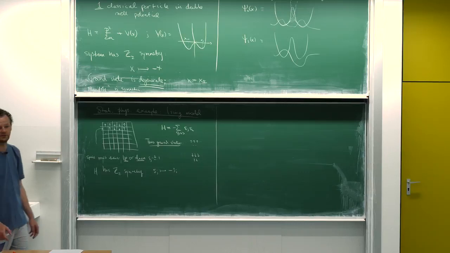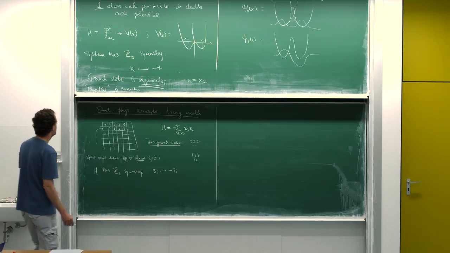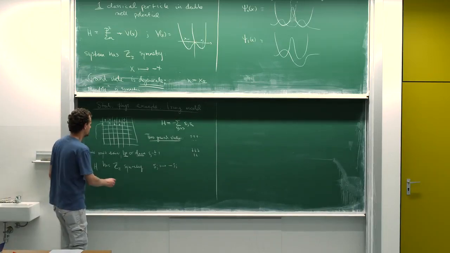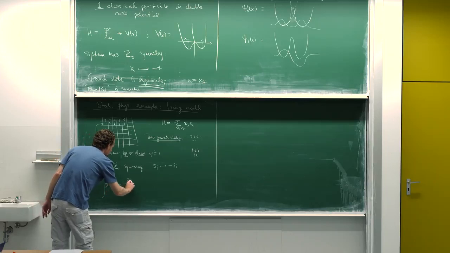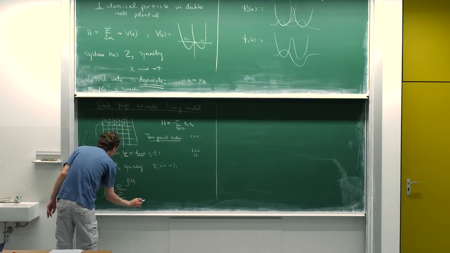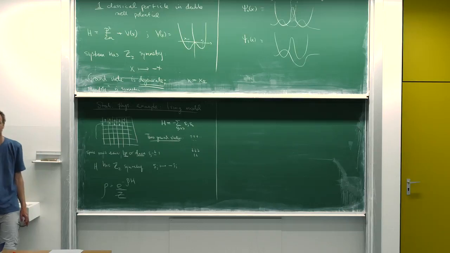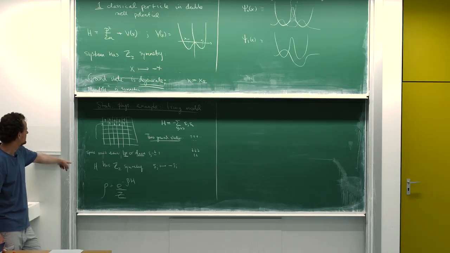Well, if you consider the thermal state of this system, then we have two different regimes depending on the temperature. So let's look at the Gibbs state for this Hamiltonian. If you look at that Gibbs state, then you can see that it is exactly Z2 symmetric.